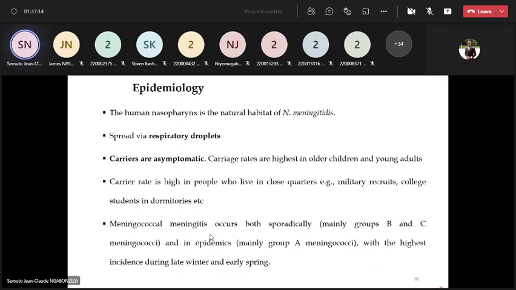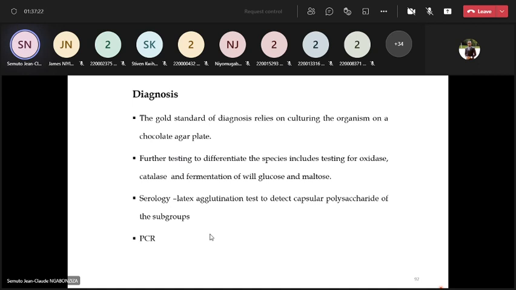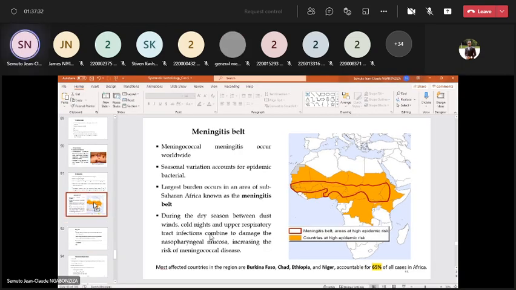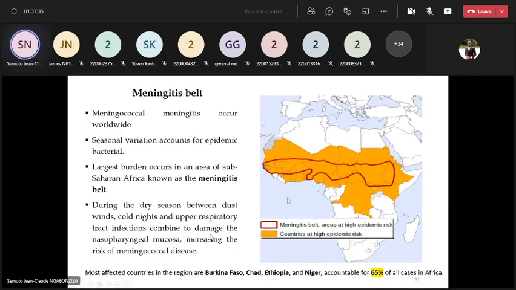So there is what is called the meningitis belt, where most patients come from, and this stretches from Senegal to Ethiopia.